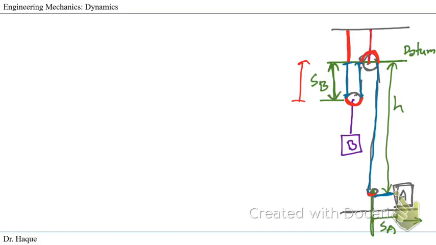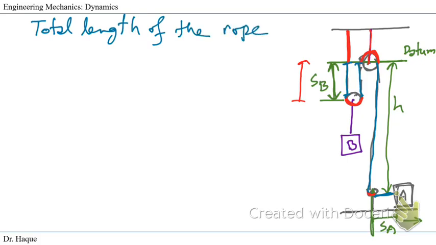So if we consider that, the total length of the rope is twice SB, because this length is the same here, so twice SB, plus H, this length from here all the way down, plus this length here, which is SA.